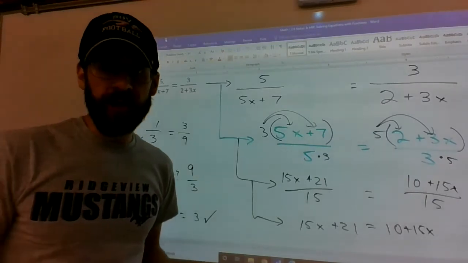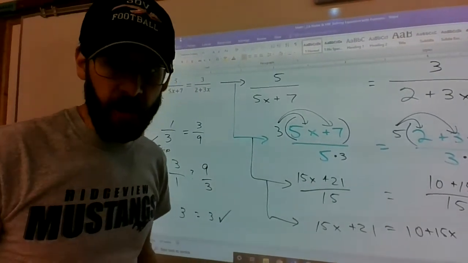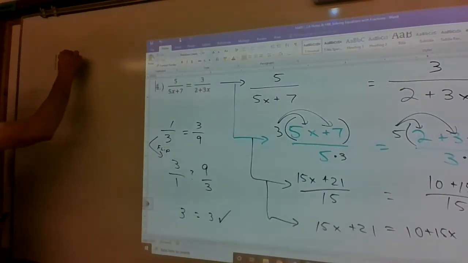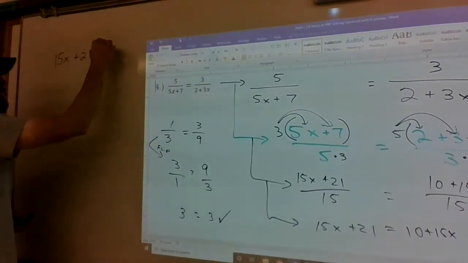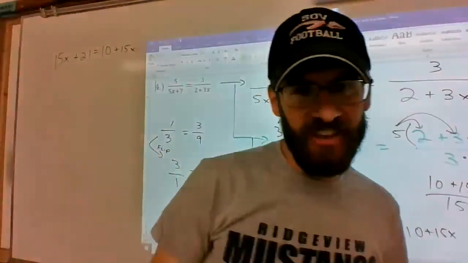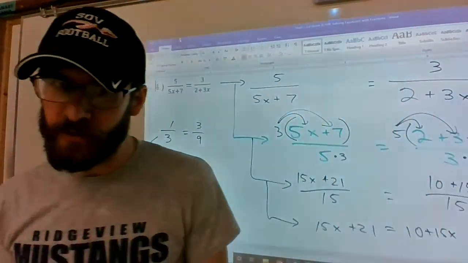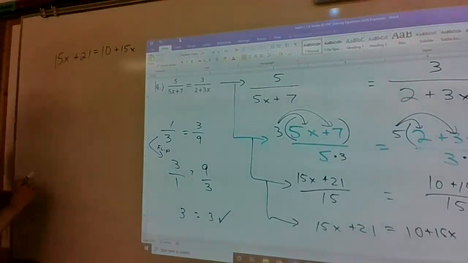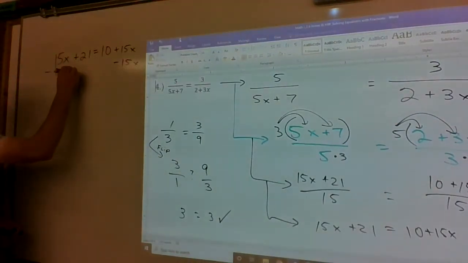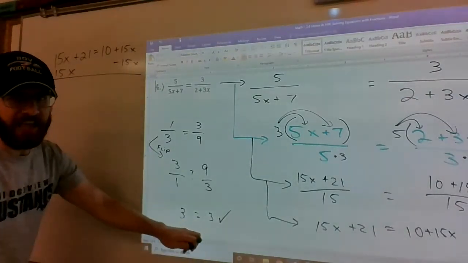All right, hopefully some red flags are going off right now. You got a 15x on the left. You got a 15x on the right. Those are going to completely cancel out.